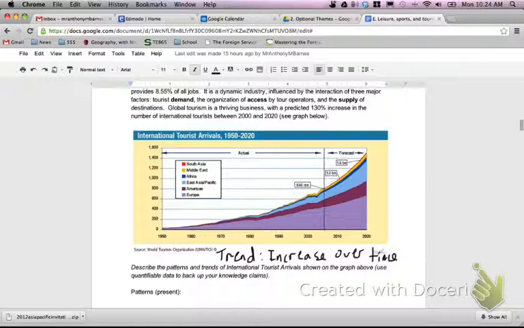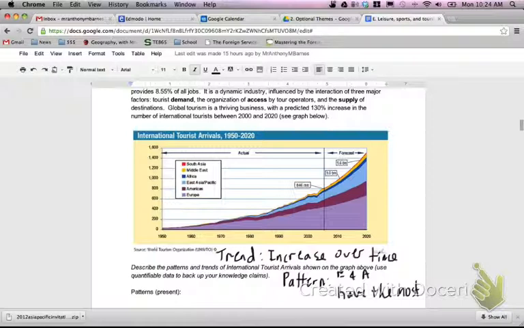Okay? And the pattern, what's the pattern? Europe has the most. Europe and America have the most. And that's what's important here.